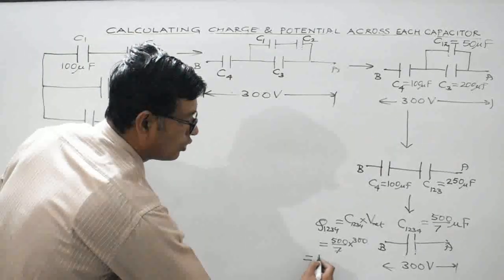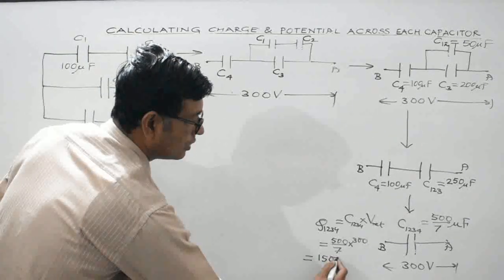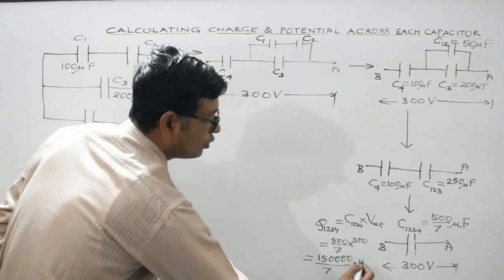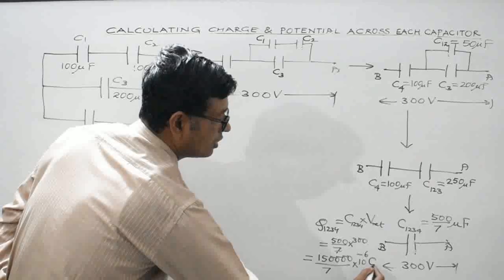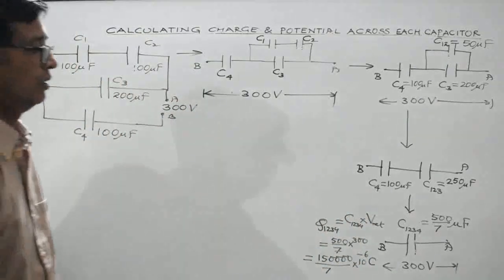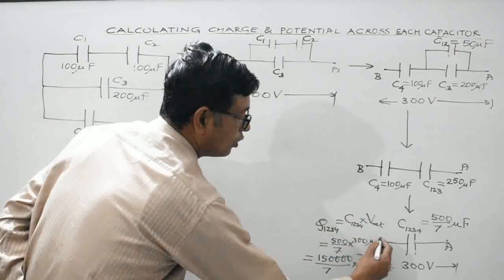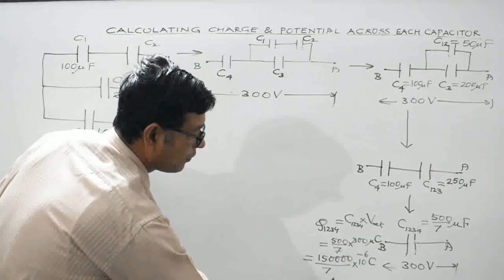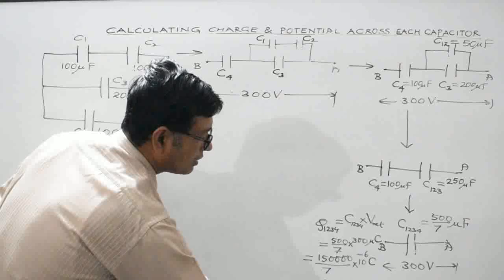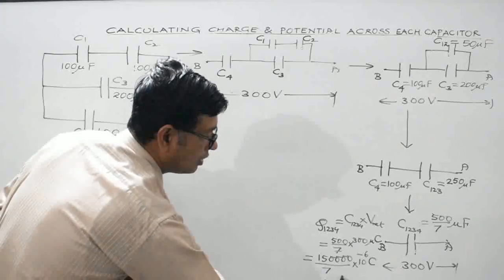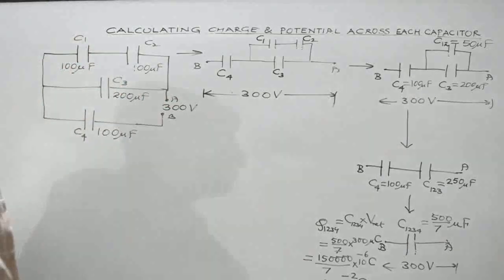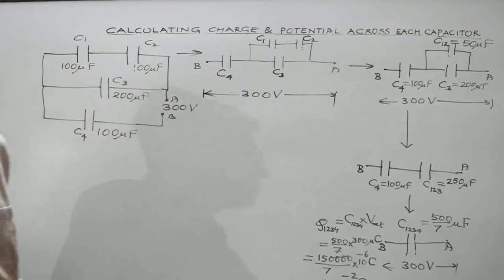So it will be equal to 150000 divided by 7 into 10 to the minus 6 coulomb, which will be in micro. We can easily solve it. It will be equal to 15 by 7 into 10 to the minus 2 coulomb. This is the net charge.